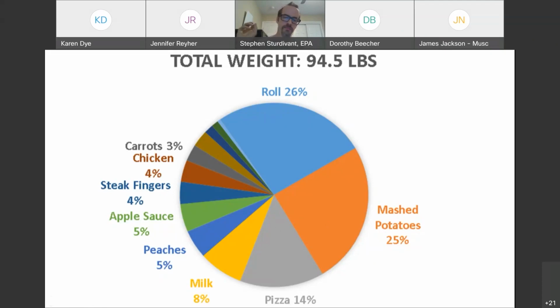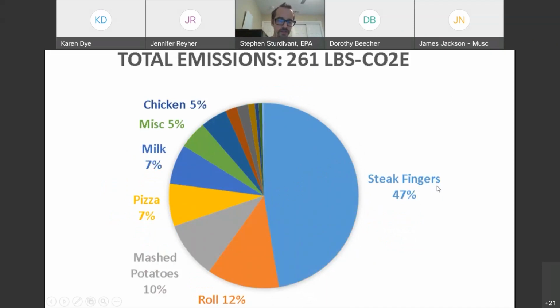Taking the same exact data, by weight, which is what you're seeing here, you see that rolls and mashed potatoes take up a big portion of it. But if you measure it by greenhouse gas emissions, you see that it's steak fingers that may be something you want to look into. That's comprising a big chunk of the emissions from that food waste. So it may change your priorities on what you want to address.